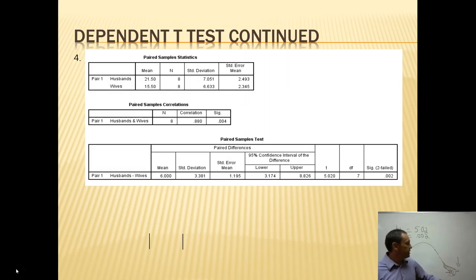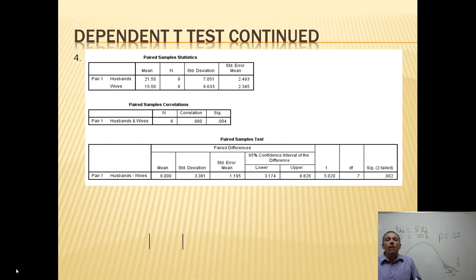Yes, it is. Hopefully, though, you are seeing less of a need to do this. Why? Because we can look at this p of 0.002 and compare it to a p of 0.05. This is our standard. Is this less than 0.05? Yes, it is. Therefore, we can conclude that there is a significant difference.